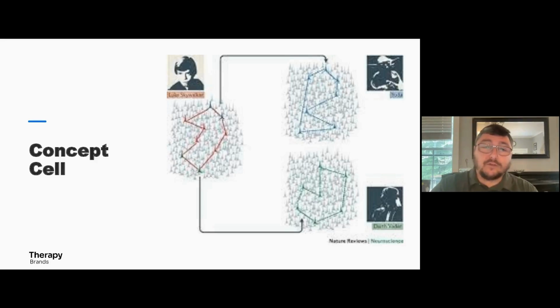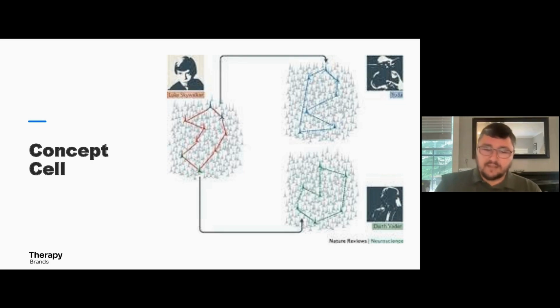So the concept cell, these guys, I believe they were in Utah. They're neurosurgeons, and they're working on patients with epilepsy. And while they were doing surgery, these patients agreed to be a part of this research study.